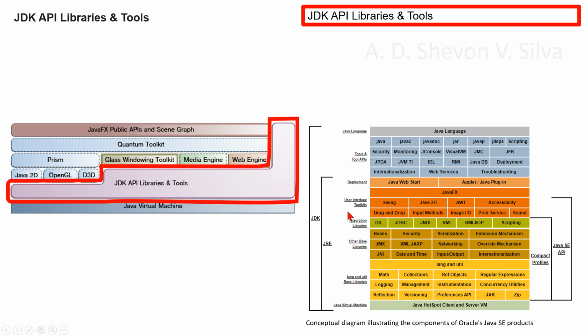User interface toolkits, except JavaFX, integration libraries, other base libraries, and lang and util base libraries. Compact profiles consist of the following levels: integration libraries, other base libraries, and lang and util base libraries.